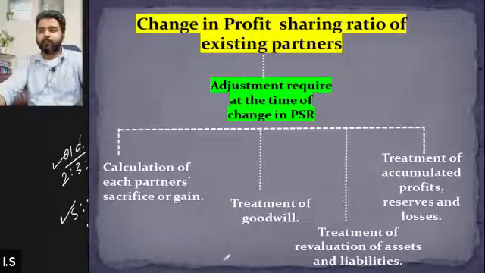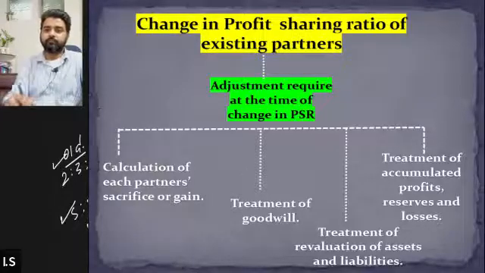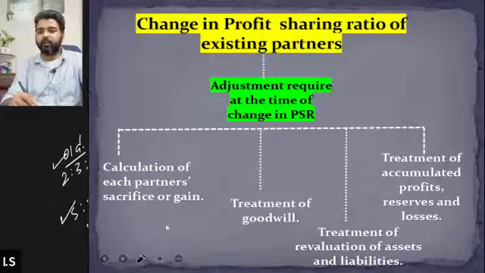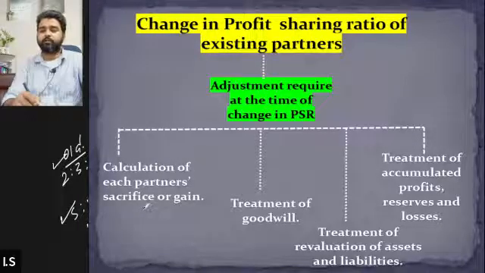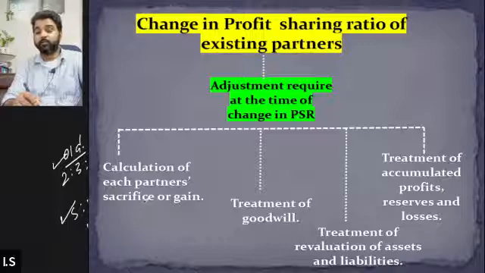Number one, adjustment will be required in the existing share of the partners. That means we need to find out the sacrificing and gaining ratio of the partners whenever there is a change in the existing profit sharing ratio.